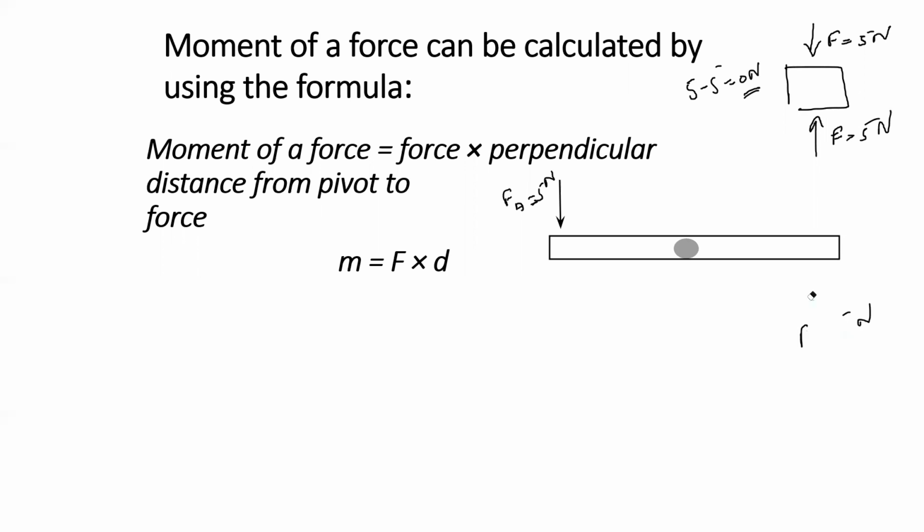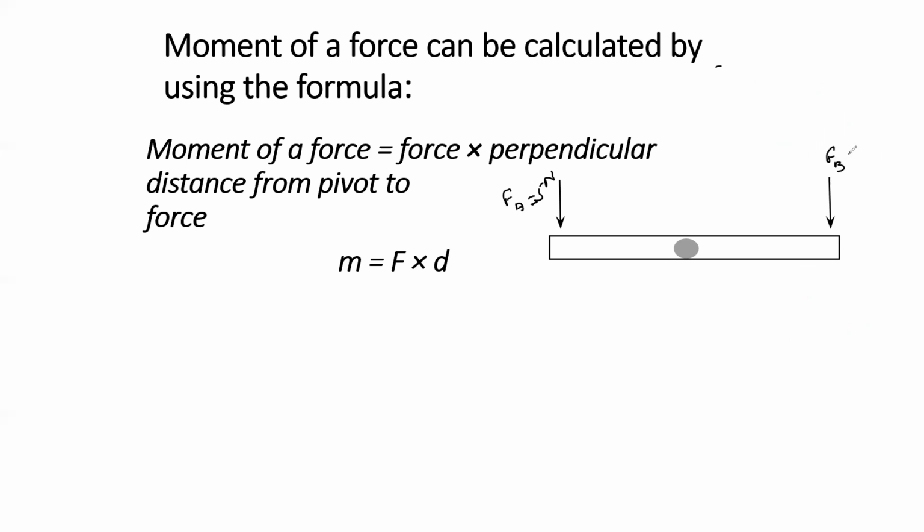So another example, I will use the same numbers now. Fa and Fb, both are 5 Newton and at a distance of 4 meter from the pivot.